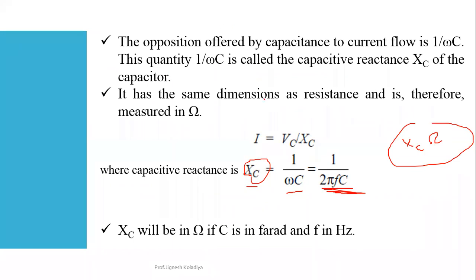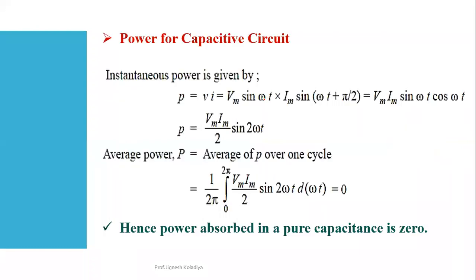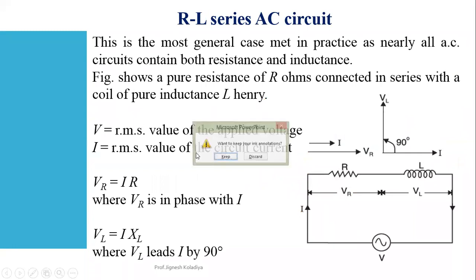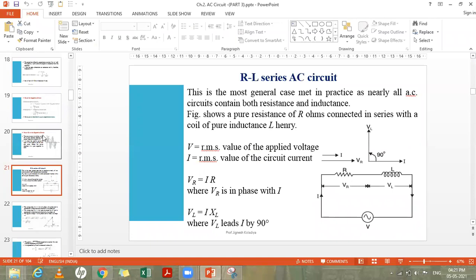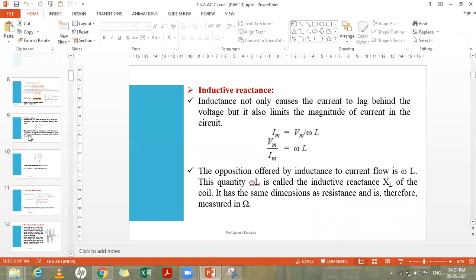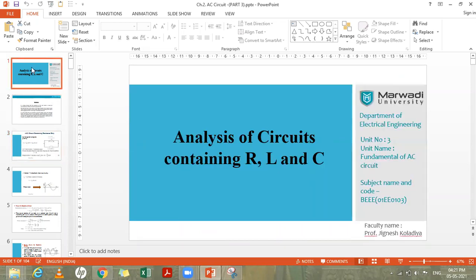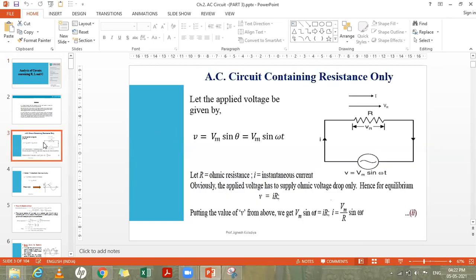Now I think we have to stop here. Next time we will see the power in a capacitive circuit, right? Then we will start the combinations: RL series, RC series, RLC series. So what we have completed in today's session: we started with the subtraction of phasors or alternating quantities, and then we started the new topic, analysis of circuits containing R, L and C. In that we have seen three different cases.